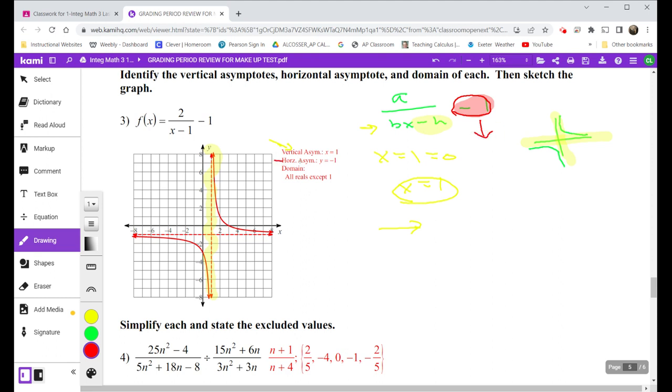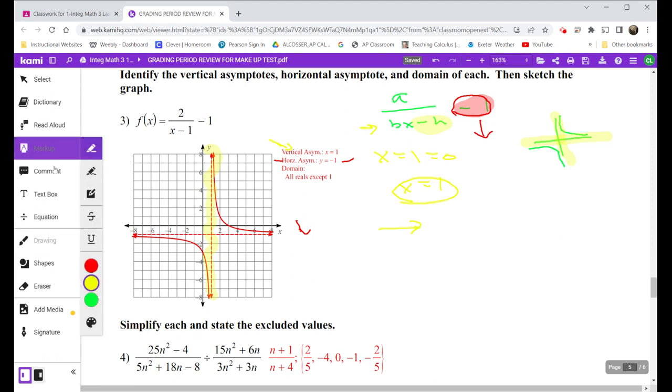So that's why my horizontal is at -1, because it was at 0, and now I'm going to move it down 1, so my horizontal one is right here at -1 across the page. And what do we know about the base graph? We know that it has a graph that curves like this, and like that. So that's kind of how you tackle those.